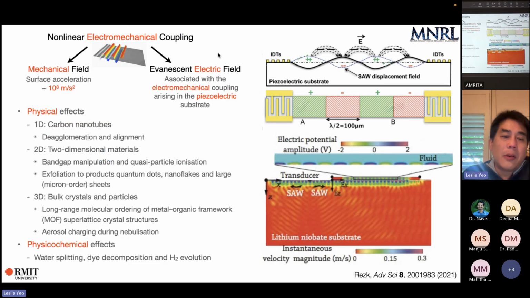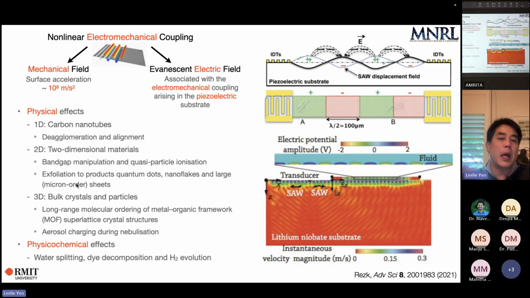All right, so it's this combination of the mechanical and electric field that I want you to see. I mean, we see a lot of different effects. I don't have time to tell you all about them. We can de-agglomerate carbon nanotube bundles. I'll talk a bit about the 2D materials where we can manipulate band gaps.